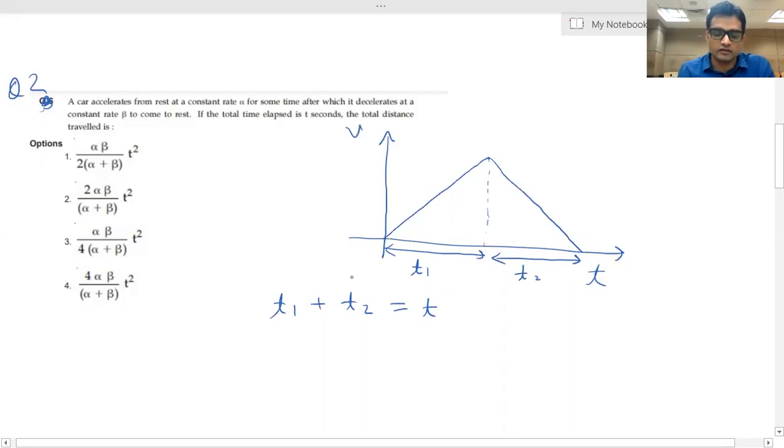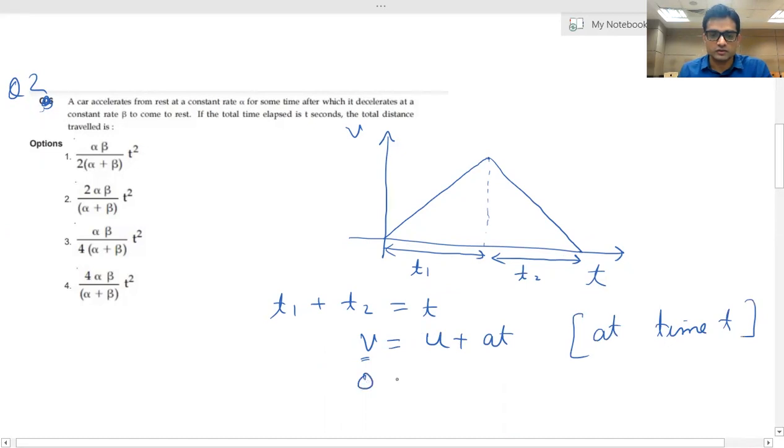Here we can say that v is equal to u plus at. So this v is the final velocity at time t, so it is 0. And u here will be equal to alpha t1.